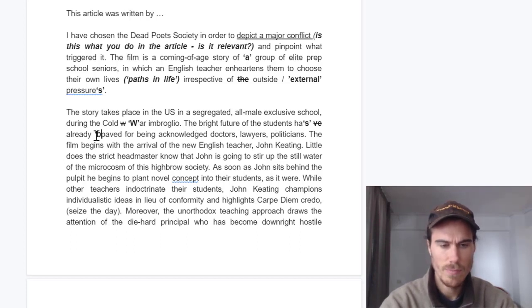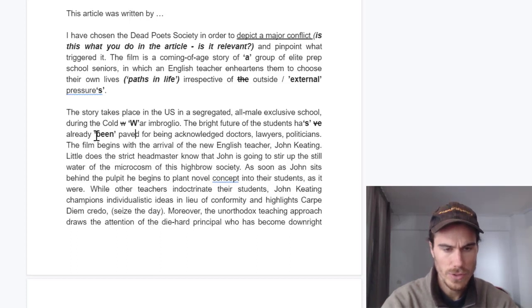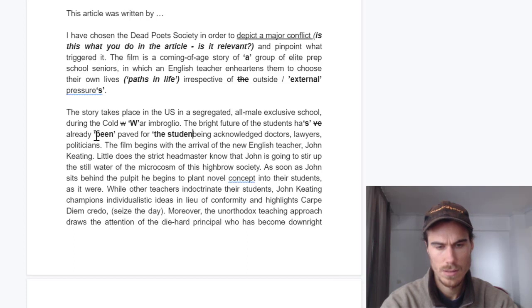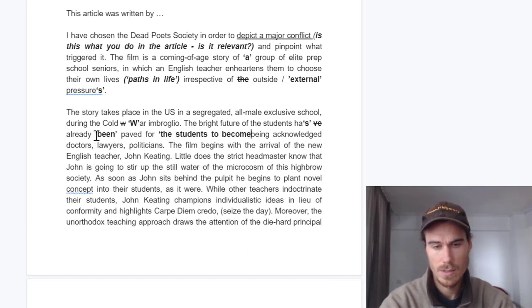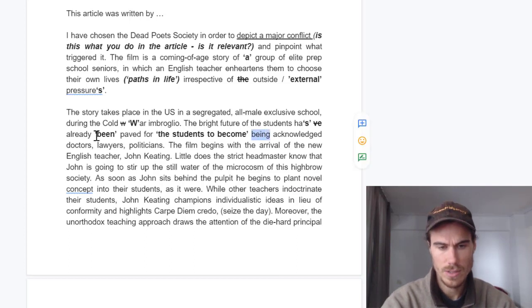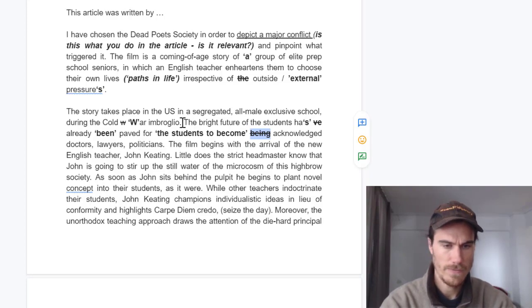You could say it has already been paved for the students to become acknowledged doctors, lawyers, politicians, etc. I think this is what you mean.